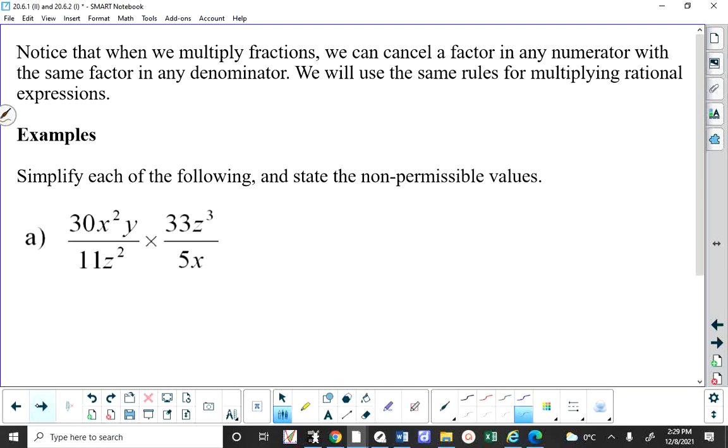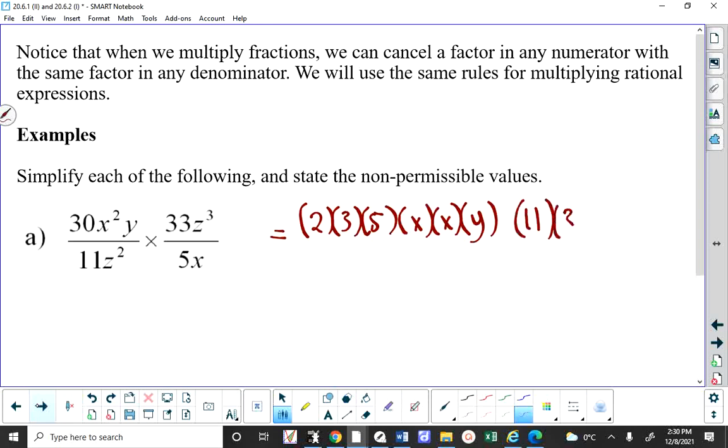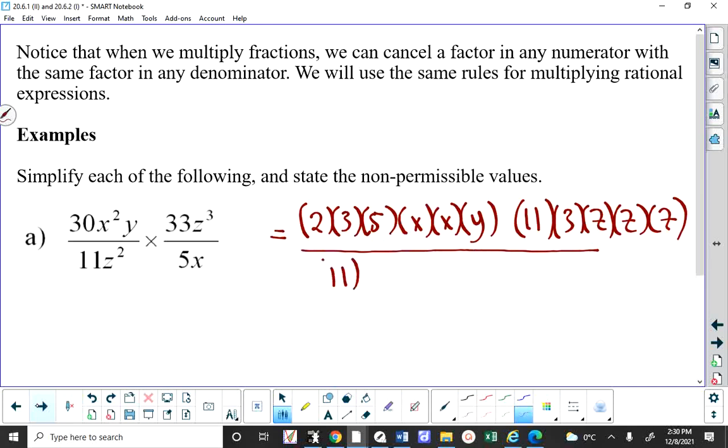I hate teaching these monomials, because if I want to stick to my rule to help you understand what you need to do, then I have to write that for 30, that for x squared, this for y, this for 33, this for z cubed. You can certainly take shortcuts in a case like this, can't you? You see what's going to happen. But just for this, I want to stick to the rule which says you cancel common factors.